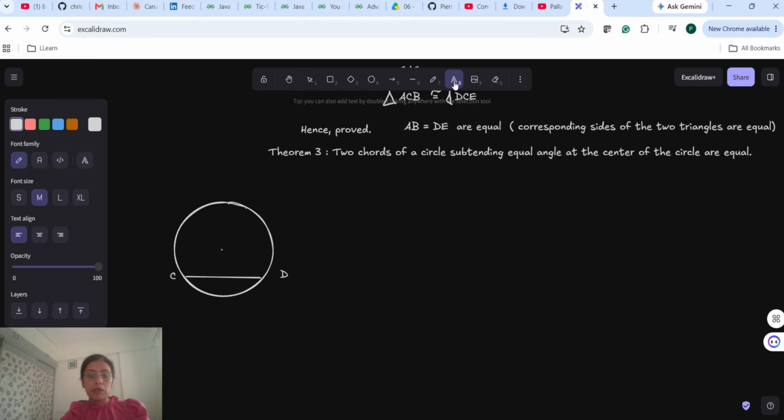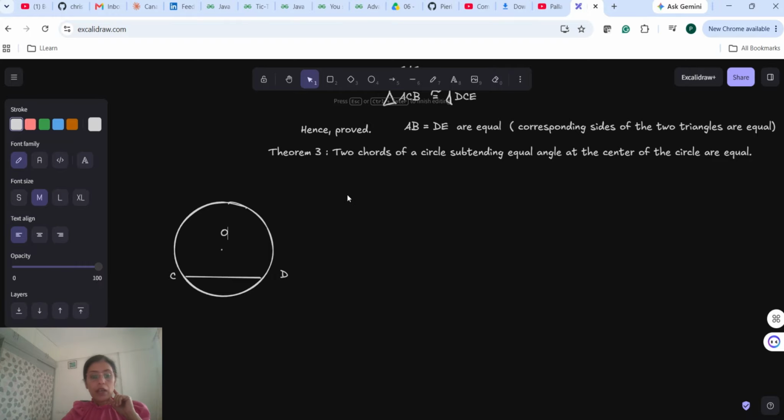And let me name the center of the circle as O. Now, what I need to prove is that a line joining the center of the circle to the midpoint of a chord of the circle is actually perpendicular to this chord.